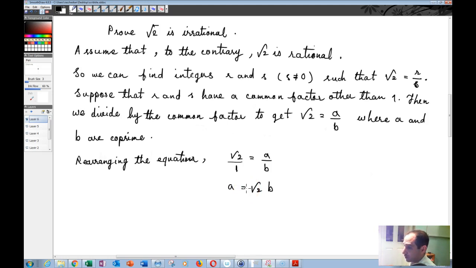And if you square both sides, what you will get is a squared is equal to 2b squared. That's a squared; square root of 2 squared is equal to 2, and b squared is simply b squared.